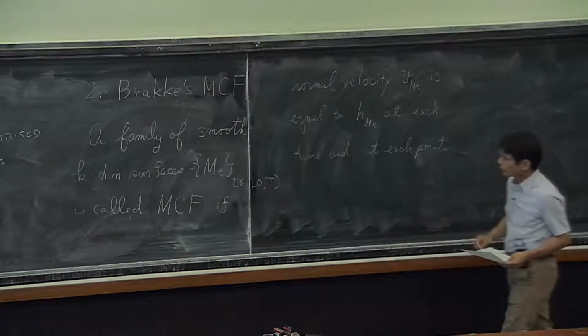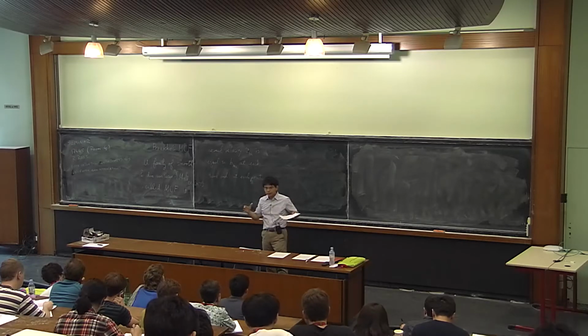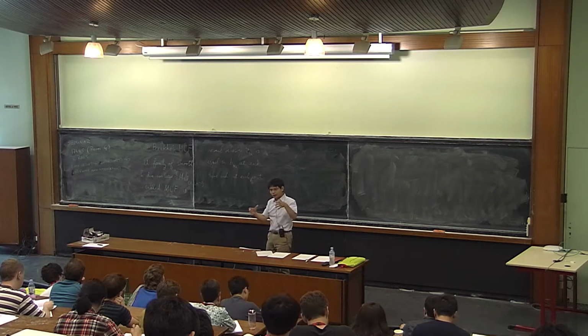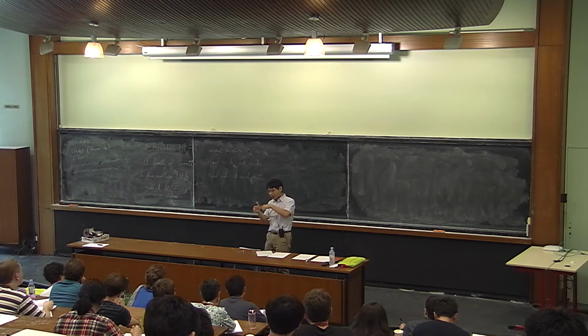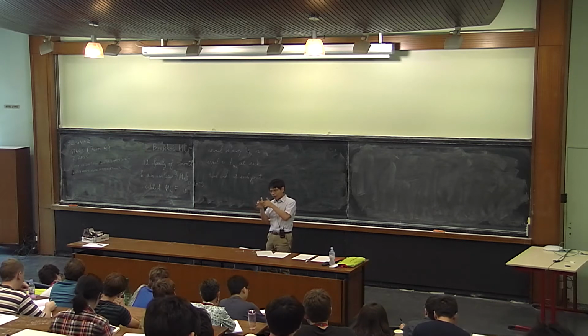Okay, so you have a k-dimensional surface which is moving, and the velocity at each point of this surface is given by the mean curvature at that point.